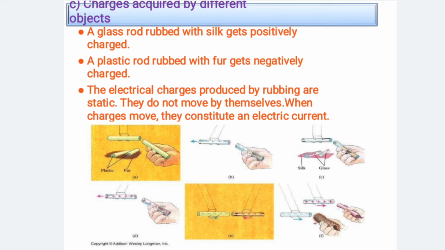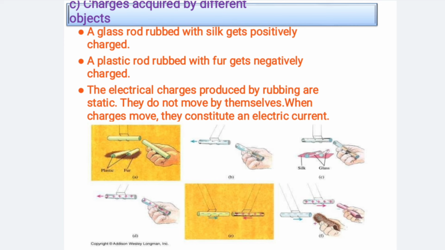Now the third characteristic is that charges acquired by different objects are different. So here by convention you can see that a glass rod rubbed with silk always gets positively charged, because in the frictional series the glass rod is placed at a higher position and silk is lower than the glass rod.